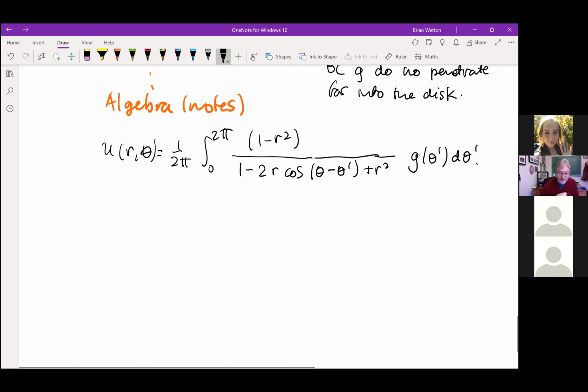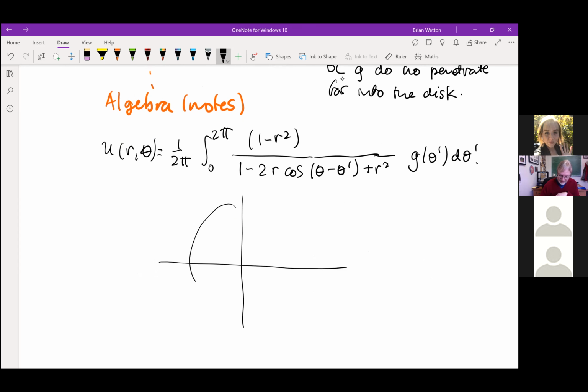Okay, and so to describe this formula, I guess I should show you something. Here I'm in this disk. I've got g of theta for the values of u. I've got Laplacian u is 0 in here. And I'm looking at this point, u of r and theta.